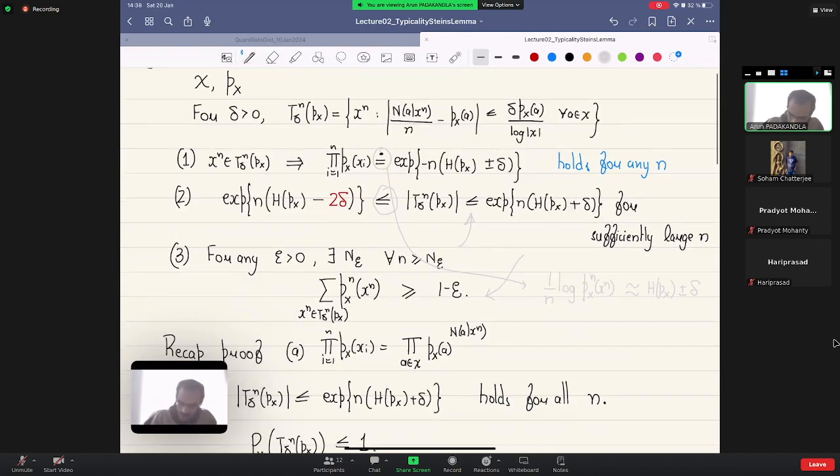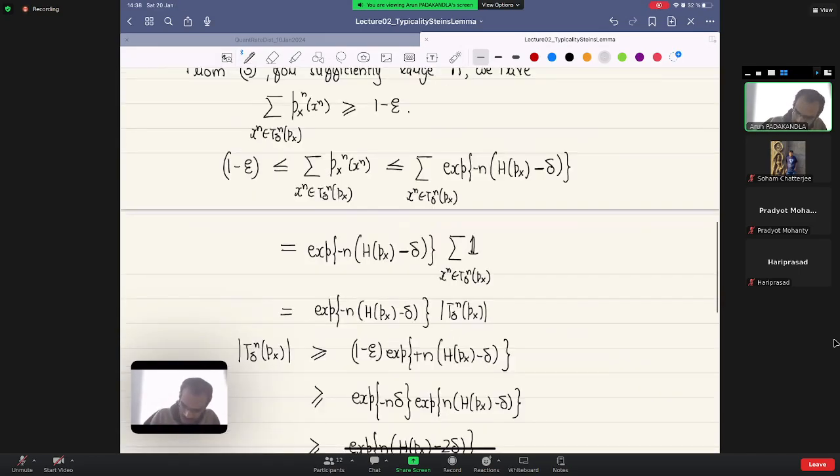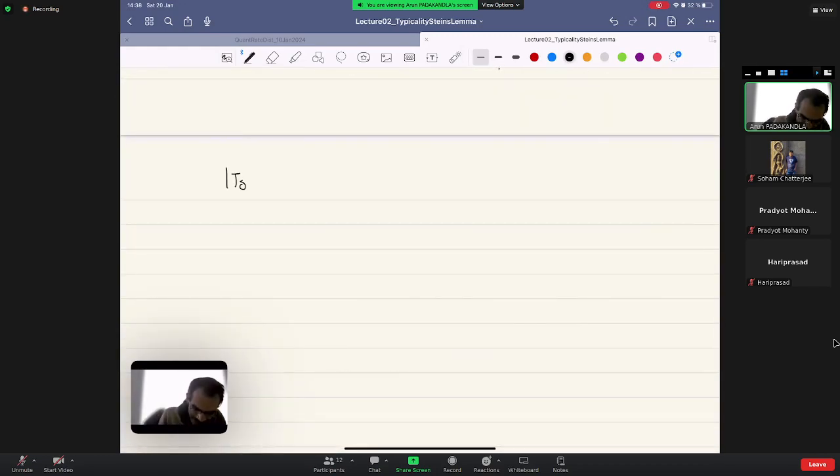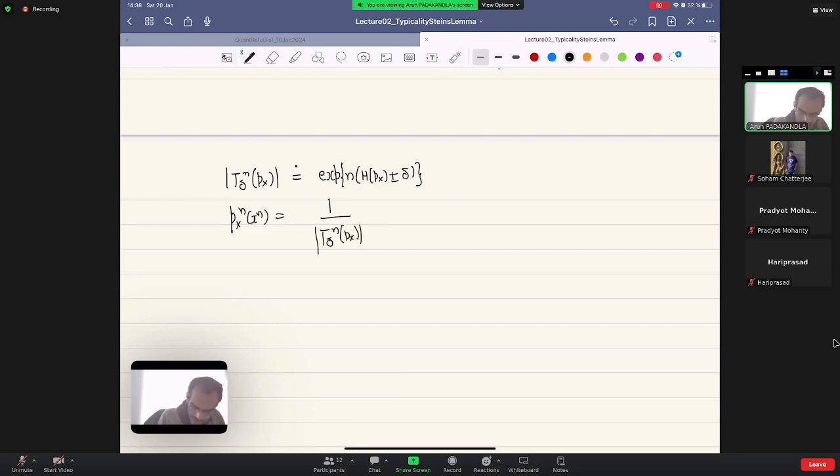It's really beautiful, because if you think of it, the size of T delta n PX is exp n times H of PX, with a plus or minus delta. And each sequence in that set has probability 1 by the size of T delta n. So it is becoming uniform on that typical set.